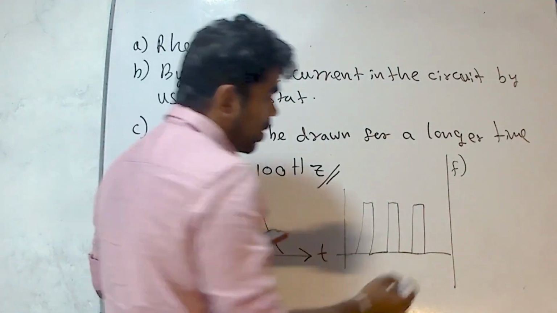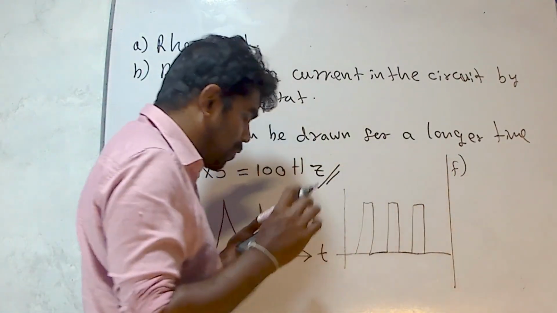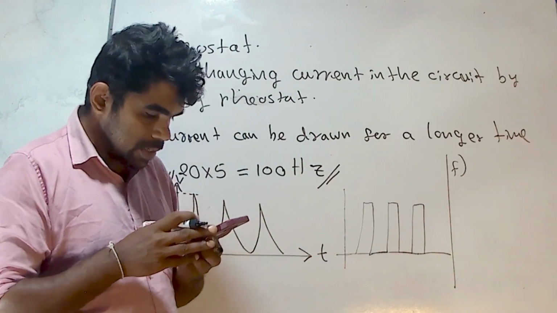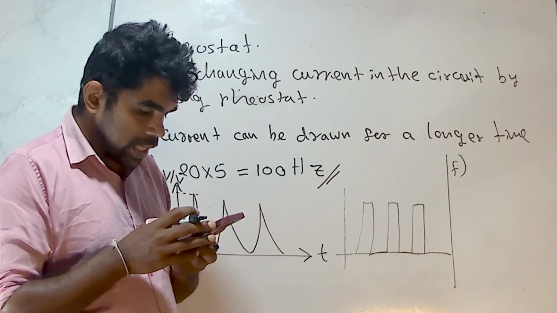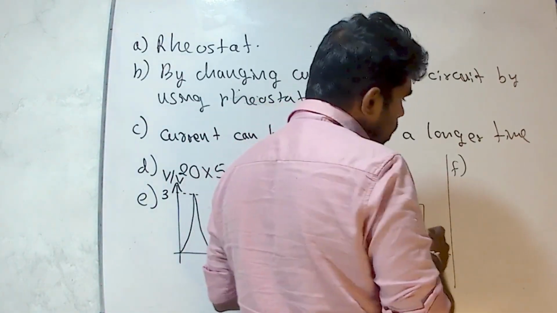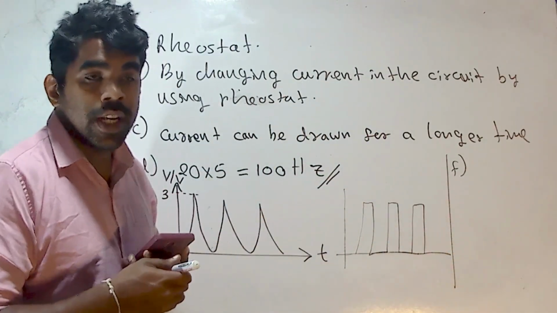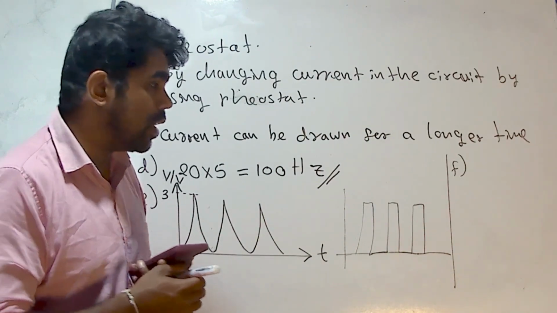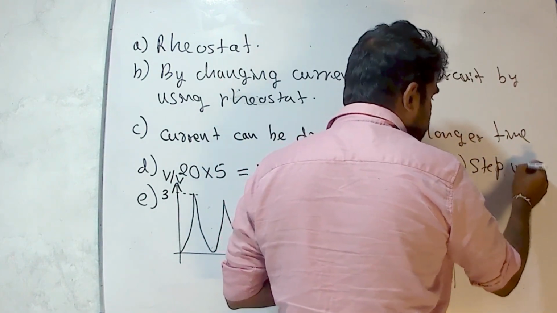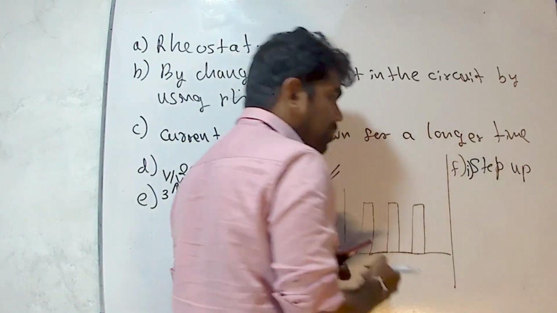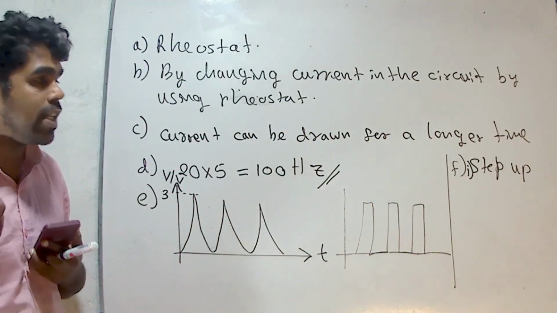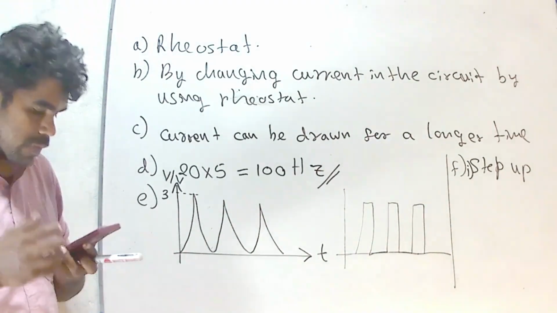Now, this transformer has 25 turns in the primary coil and 750 turns in the secondary coil. Then the number of turns in the secondary coil is greater than in the primary coil. It is a step-up transformer. We have to write step-up. If the number of turns in the primary coil is greater than the number of turns in the secondary coil, it is a step-down transformer.